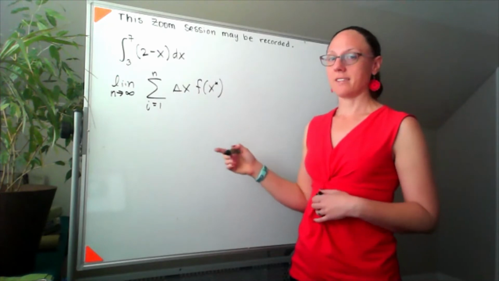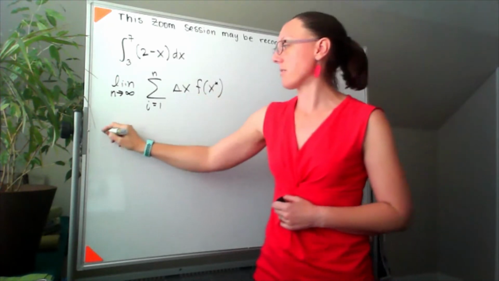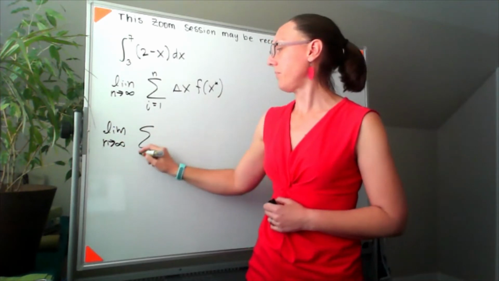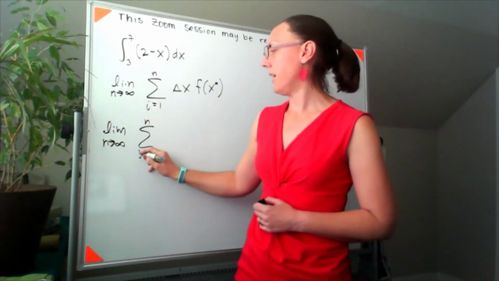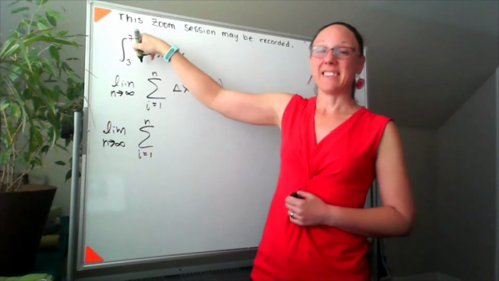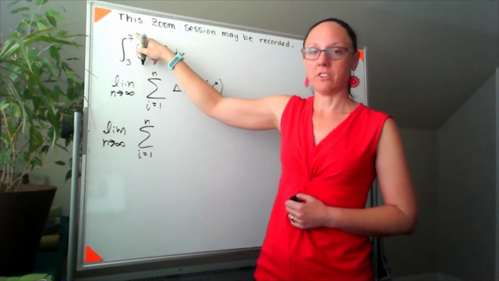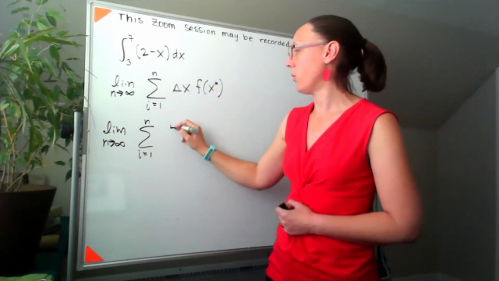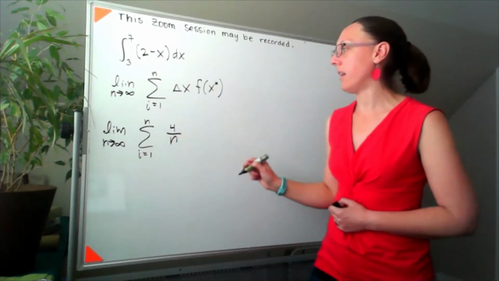So coming off to the side, or actually I'll just squeeze it underneath here, i equals 1 to n. That delta x, again, since I'm going 3 to 7, delta x is going to look like 7 minus 3 over n, or 4 over n.